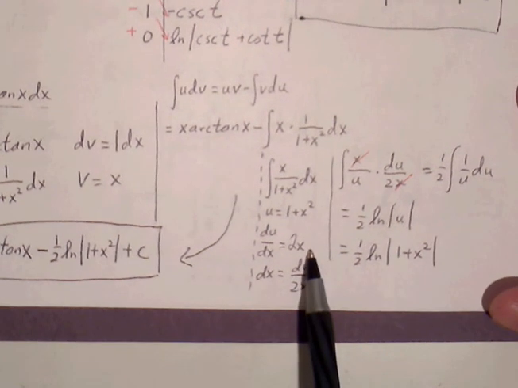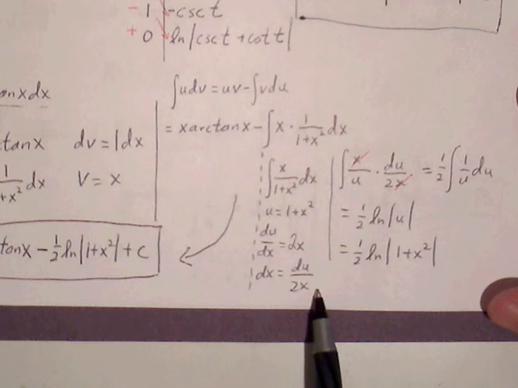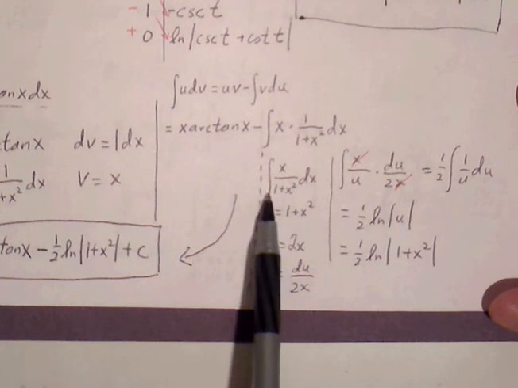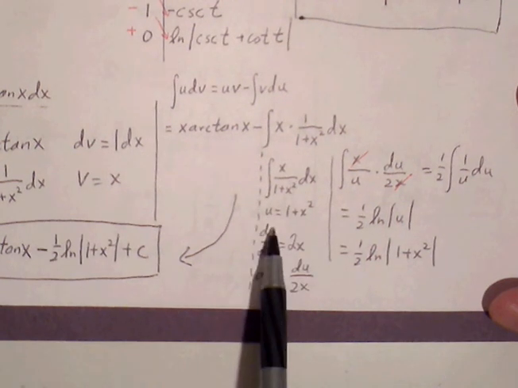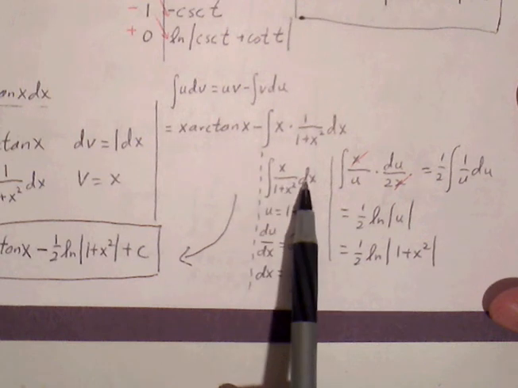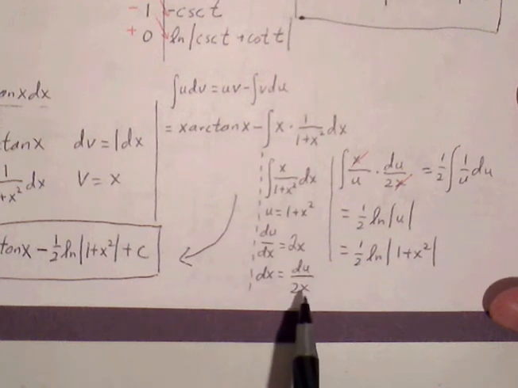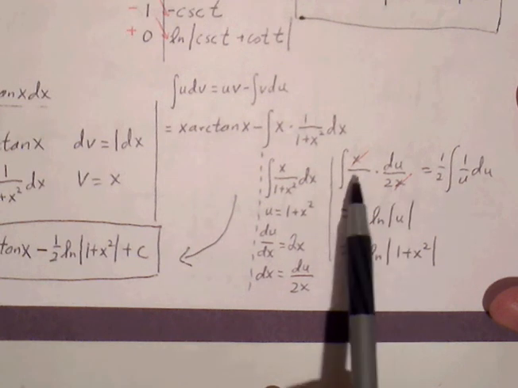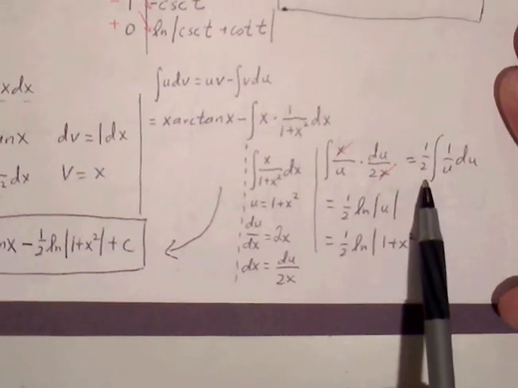Our derivative is 2x. So to solve for dx, we get du over 2x. So then we see if we can make our substitutions and get everything to cancel out. So we want this denominator to become u value, which it does. Dx gets replaced with du over 2x. And then we have the x's that cancel out. Pull the 2 in front, so we have 1 half integral of 1 over u.